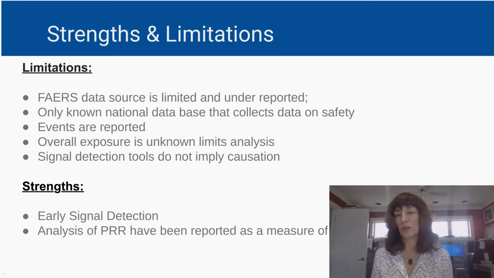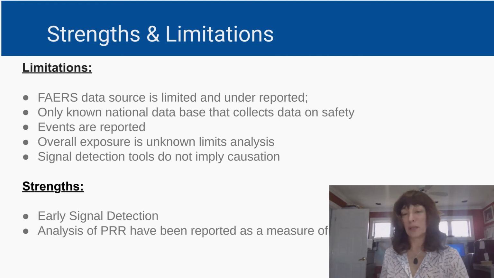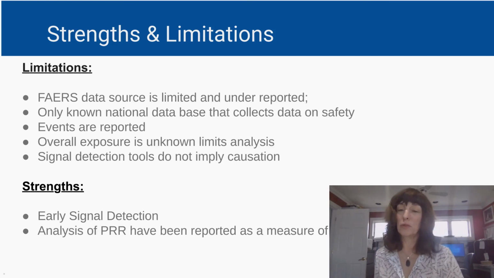And signal detection tools do not imply causation. So I'm not saying that Delta-8 caused these adverse events. I'm just saying that there's a potential signal that one should be aware of when using certain Delta-8 products, especially if it's in the unregulated market. The strength is it's an early signal detection tool, and an analysis of proportional reporting ratios has been used as a measure of association in the past.